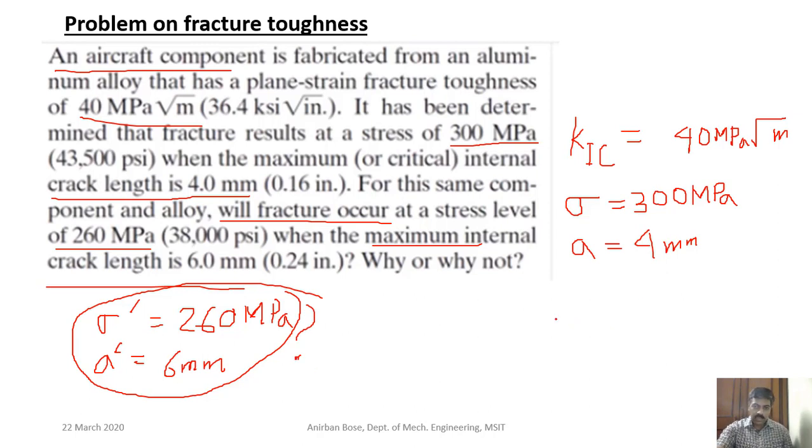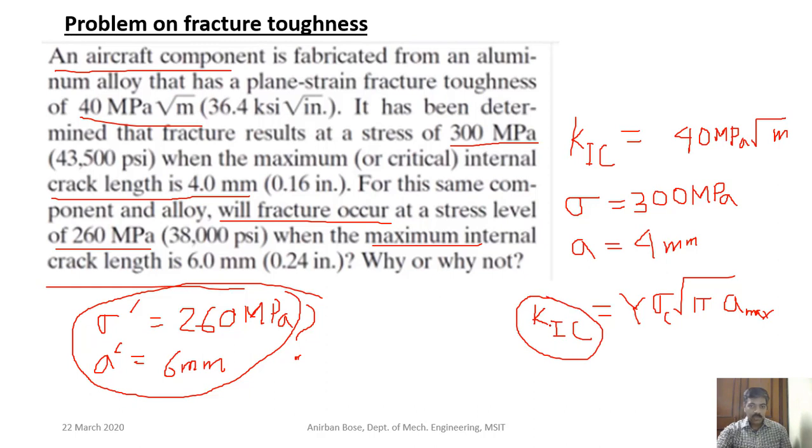So actually what we do, we will first write the expression for the critical condition, that is K1C is equal to what? When the fracture just occurs corresponding to a maximum crack length, it will become Y sigma root over pi into A. When this A is maximum, this will be the critical value, and then this will be the fracture toughness, that is the critical condition.